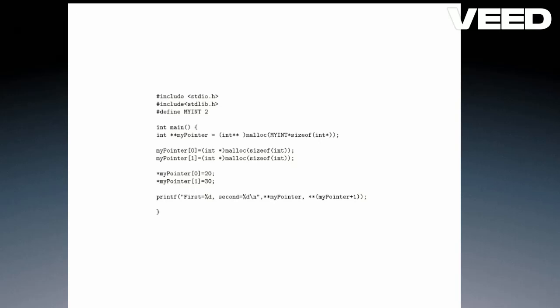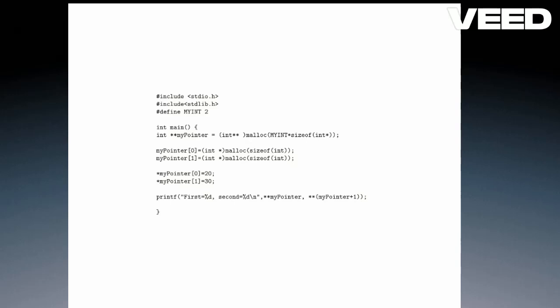So you can see the result of this is, after this is executed, my pointer becomes an array with 2 entries. Each entry is a pointer to an integer. So I can treat my pointer as an array. And how do we use an array? By indicating the index of the array.